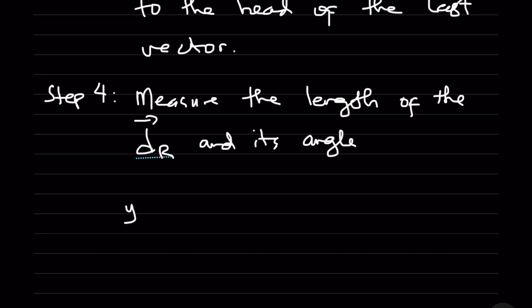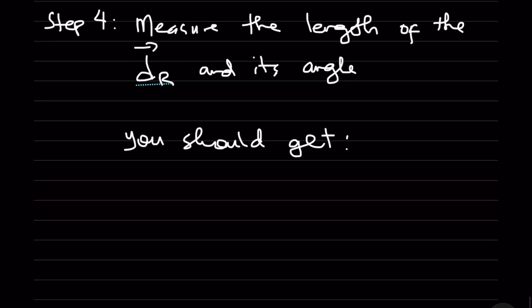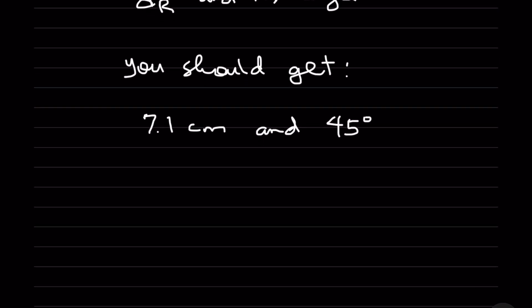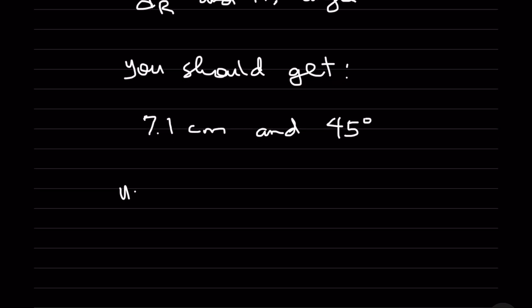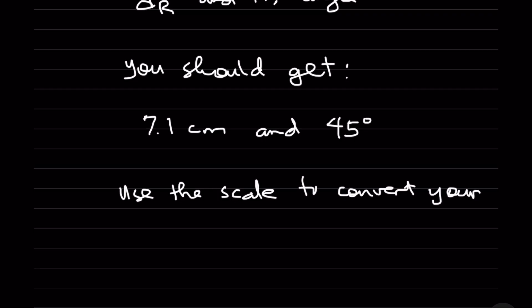If you do it properly, you should be able to get the following values. The length of the arrow should be 7.1 centimeters and the direction is 45 degrees. Take note that this is not the final answer because these are just measurements on your graphing paper.